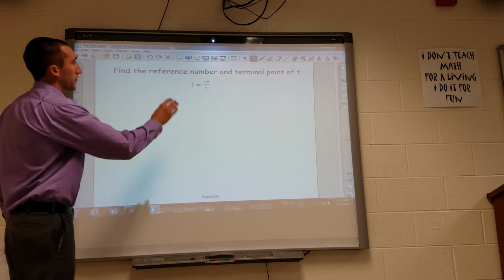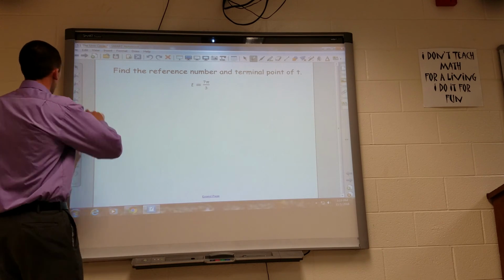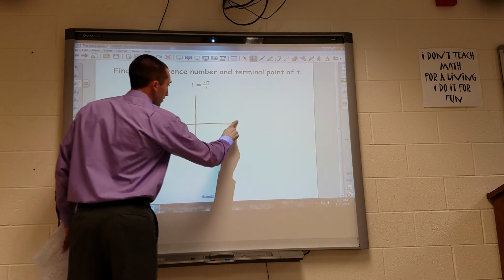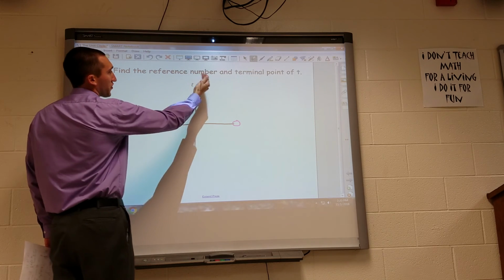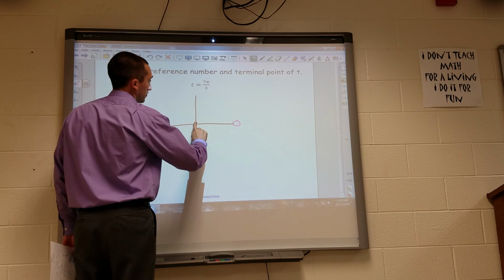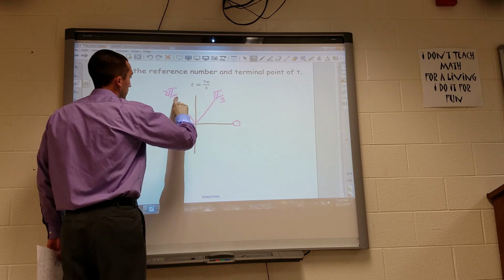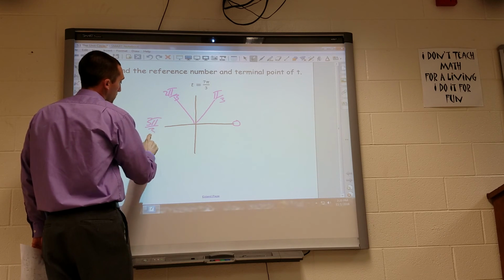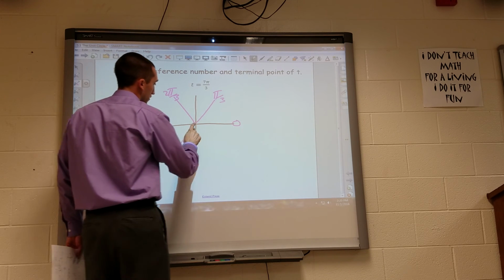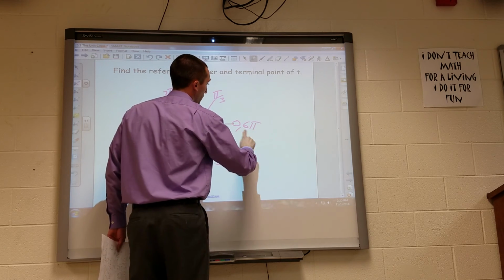And finally, they've given us an angle. They want us to find the reference number and the terminal point. So again, I like to start off with my axes. So here I've gone 0, and this is 7 pi over 3, right? So if I've gone 1 pi over 3, 2 pi over 3, 3 pi over 3 gets me back to the x-axis, 4 pi over 3, 5 pi over 3, 6 pi over 3.